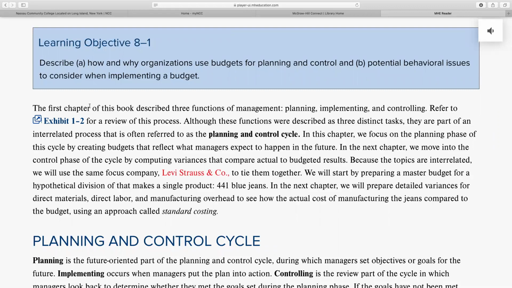So we had to look at the different alternatives and decide which way to go. And this is kind of just an extension of that. The only difference is that with a budget, you're taking the decision factors, the plans, and you're expressing them in financial terms.